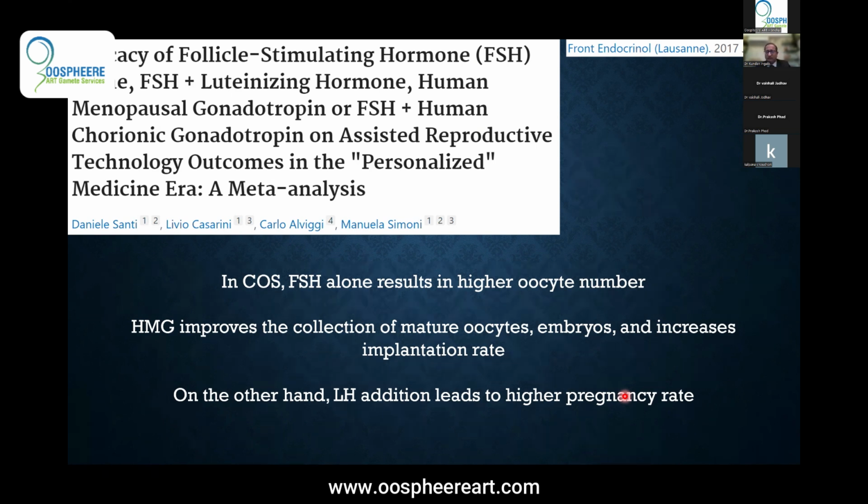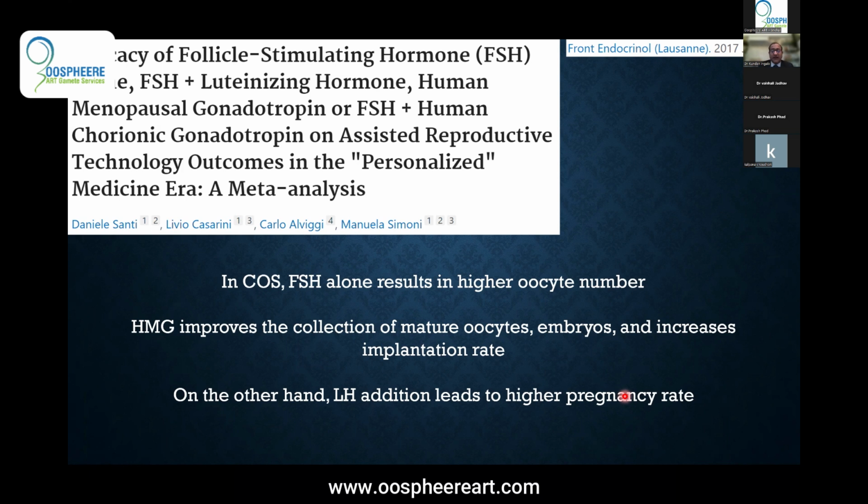Of course, poor responders. So in my practice, what I felt is that whenever you are handling a young patient with poor reserve, FSH is best. You use FSH. Otherwise, in all other patients, hyper responders, normal responders, elderly poor responders, use HMG, because HMG improves collection of mature oocytes, gives more embryos, and it increases the implantation rate.